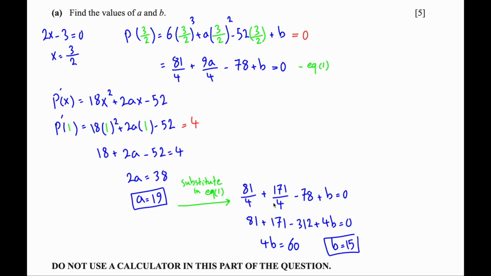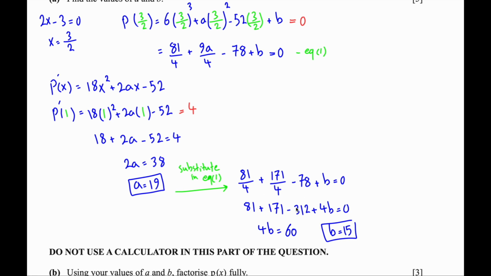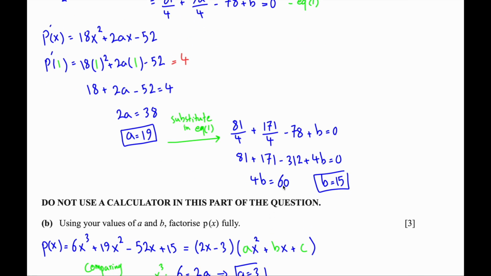And I'm just going to go ahead and multiply everything by 4 to get rid of the denominators. And if you do that, then you tidy up, keep b on one side, just push all the other constants to the other side, and then lastly divide both sides by 4. You get b to be 15.